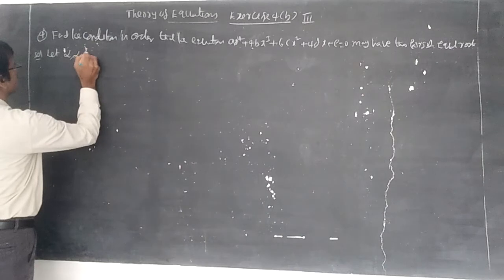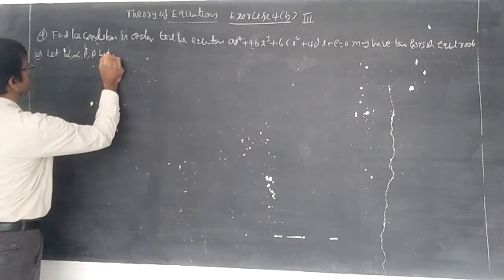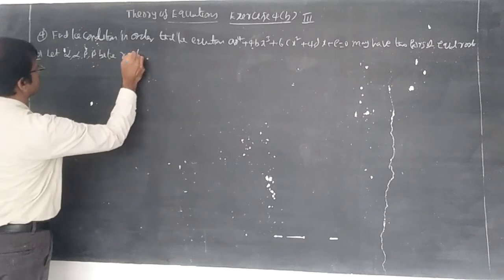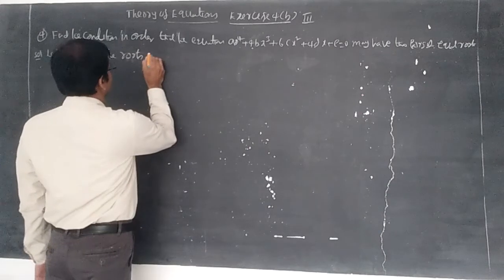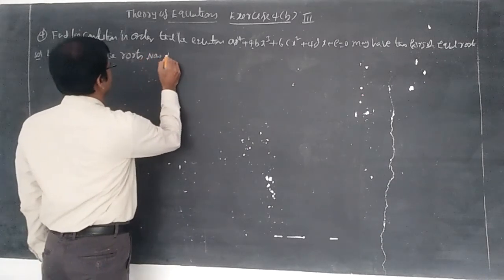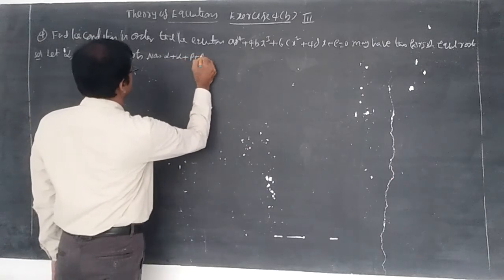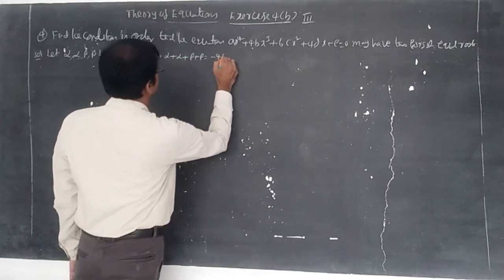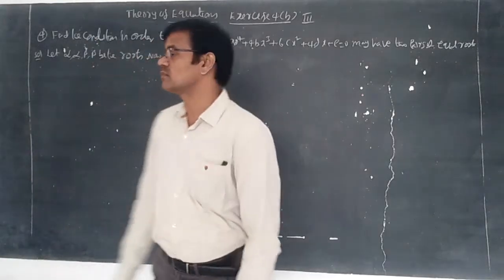Let alpha, beta be the roots. Now, alpha plus beta is equal to minus 4b by a, the sum of roots.